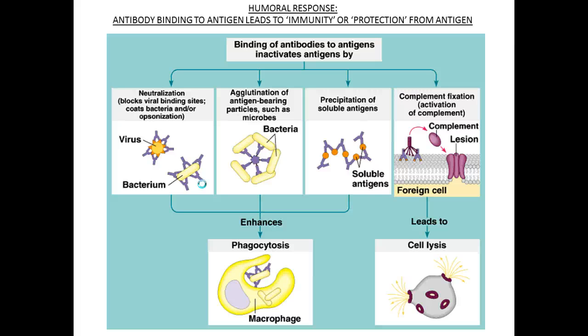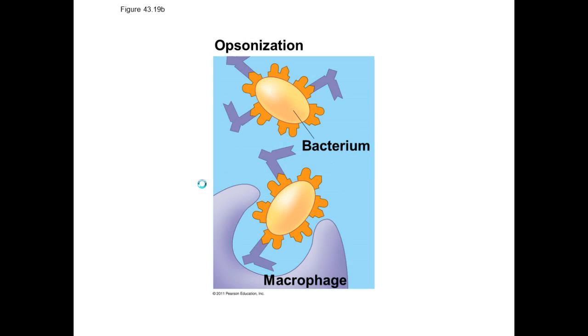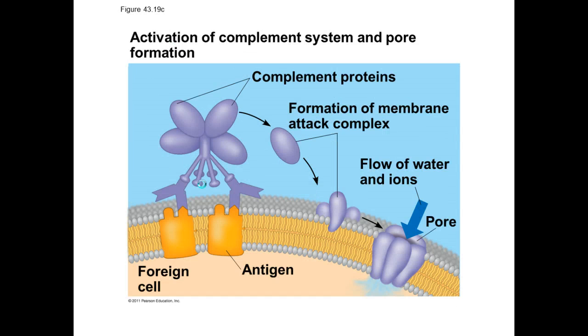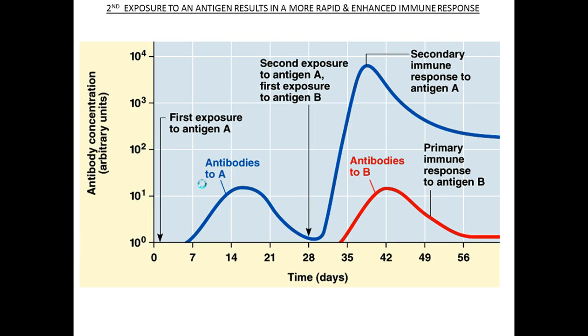And lastly, complement fixation, which will cause a series of reactions or signals to form lesions or pores, so the cell will lyse. Okay, neutralization, opsonization, and the complement system, again destroying the invader or the infected cell.